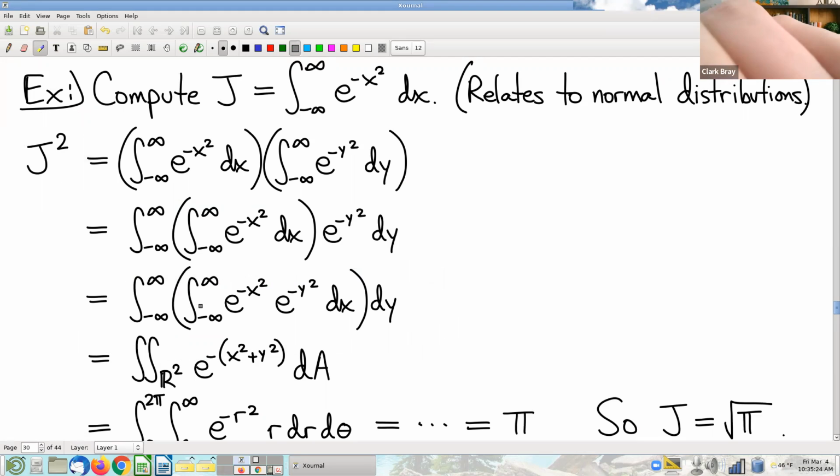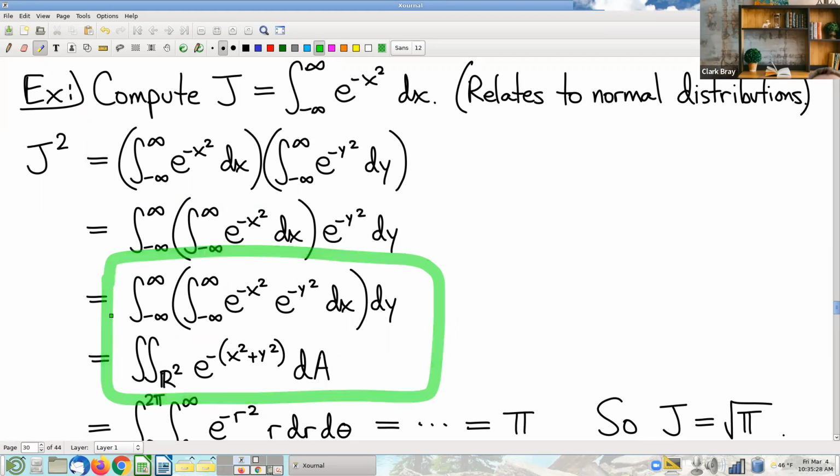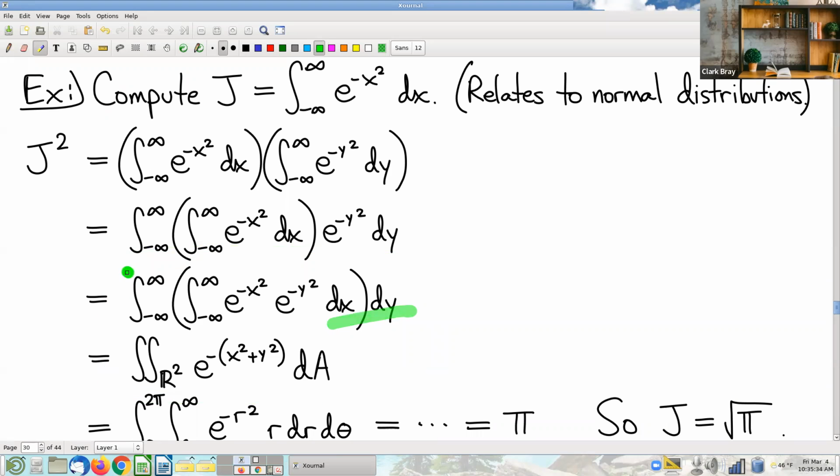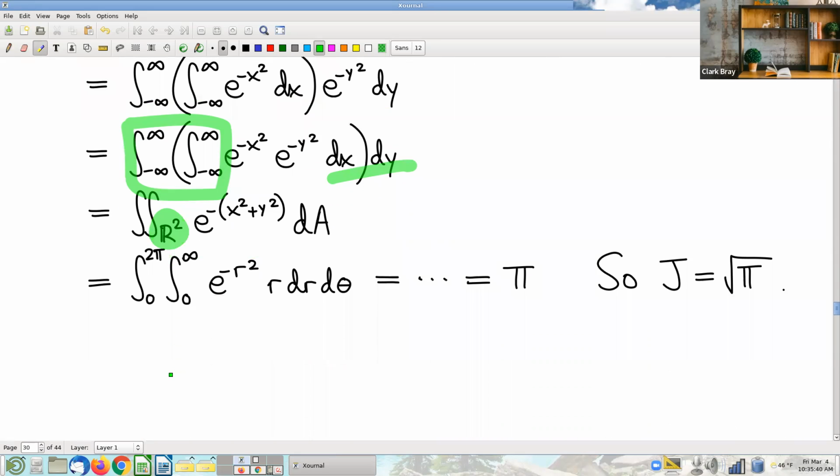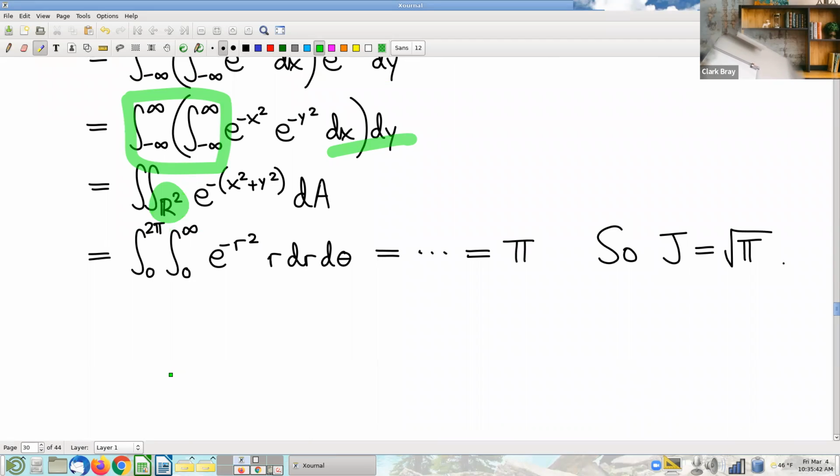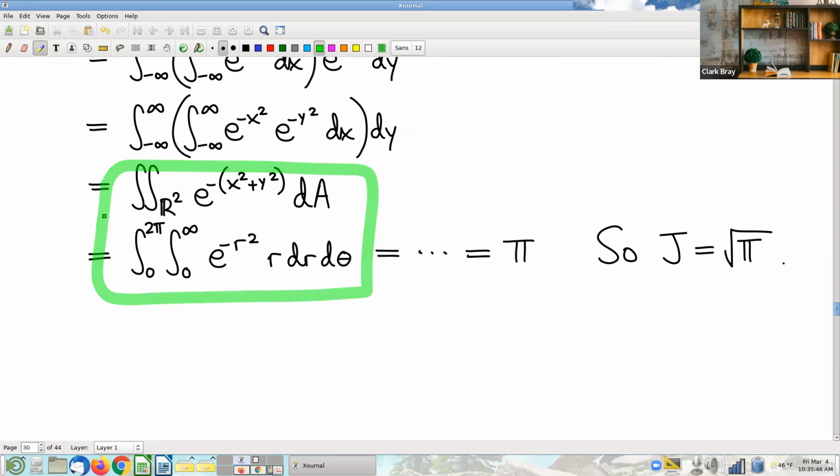Okay, the slick move, the really powerful move is to say this: oh, look, iterated integrals are double integrals. So what we have here is a double integral where x and y are both ranging over all possible values. So this is a double integral on R2 itself. Double integrals we can compute with polar coordinates.